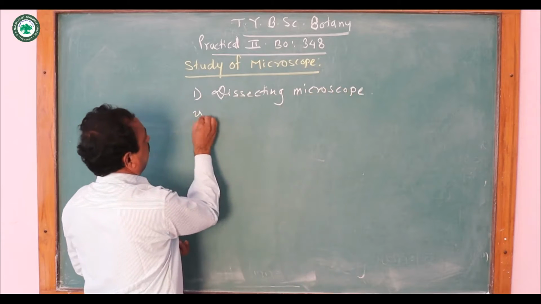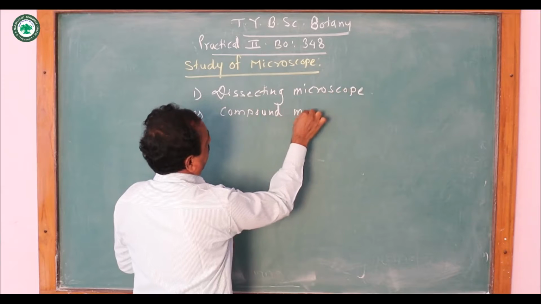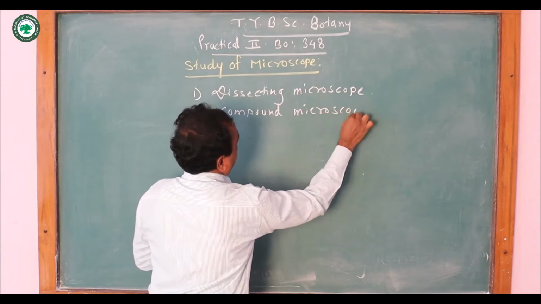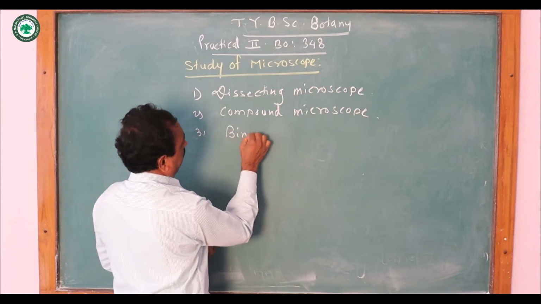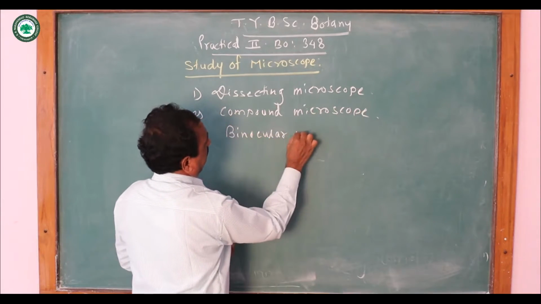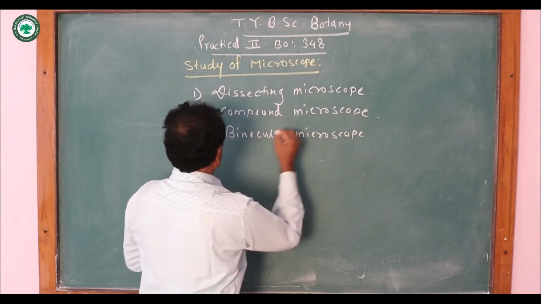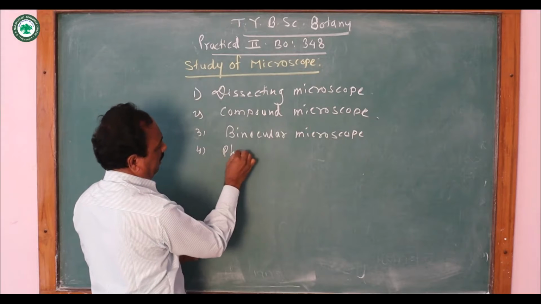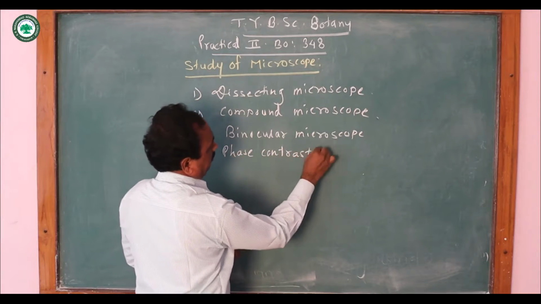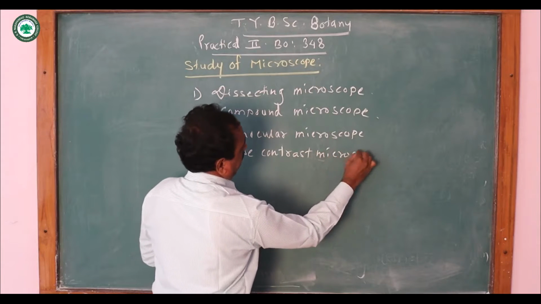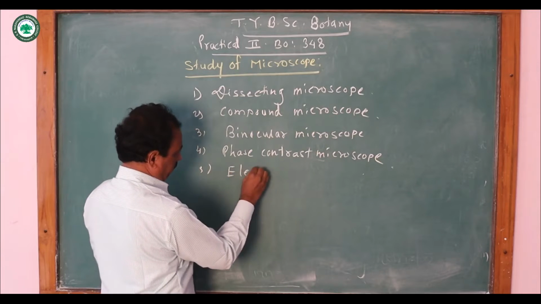Second is the compound microscope. Third is the binocular microscope. Fourth one is the phase contrast microscope. Fifth one is the electron microscope.